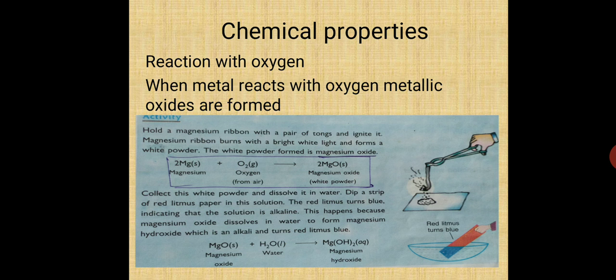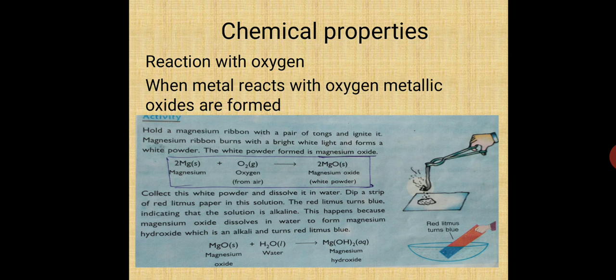Now again there is one activity to check whether that metallic oxide is acidic or basic. The ash, the powder formed after burning the magnesium ribbon, is taken in a jar or beaker and some water is added.